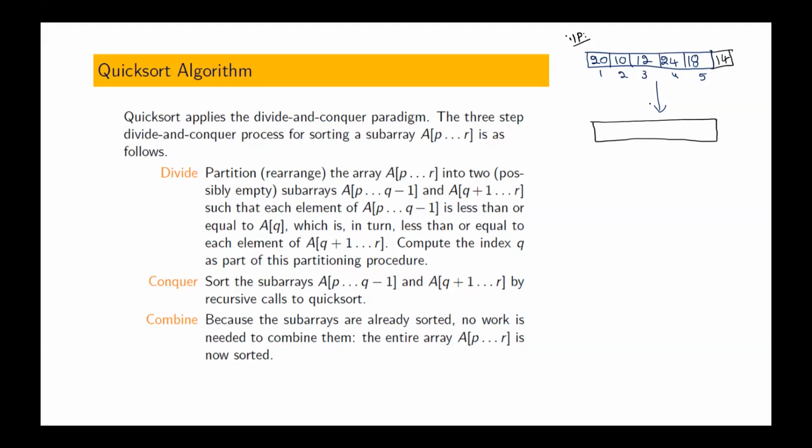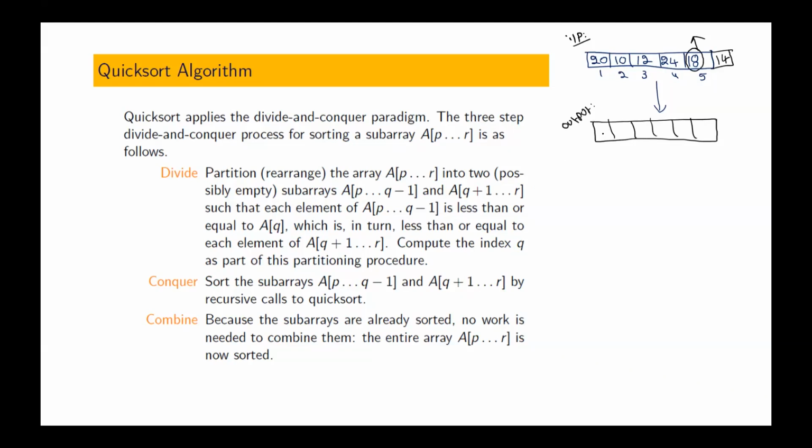So the most important element, if I am choosing here, is say 18. 18 is the most important element I am choosing. So now what happens here? In the final sorted order, this is say output. In the output, what is the position of 18?